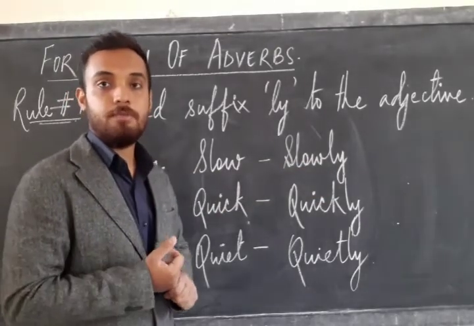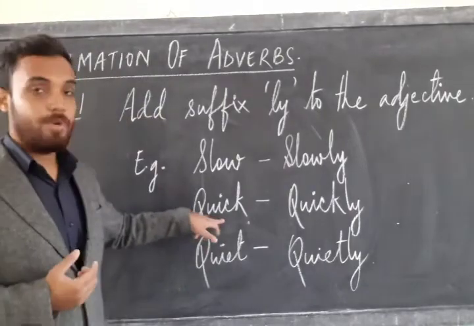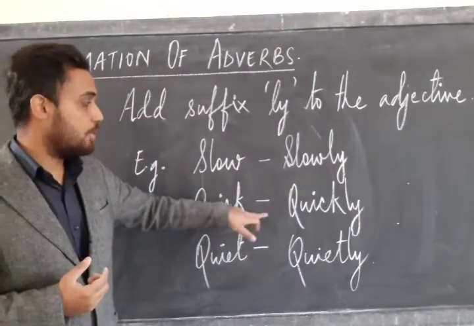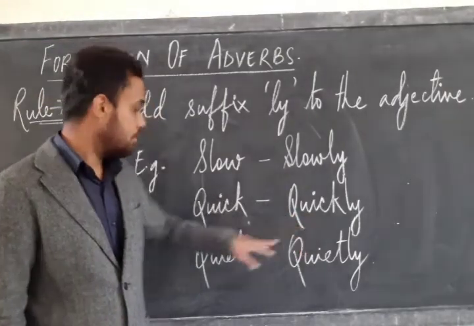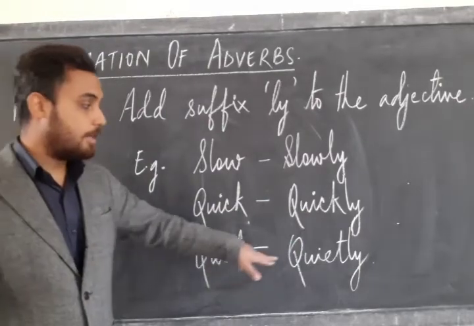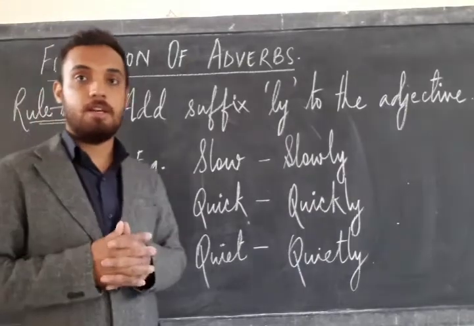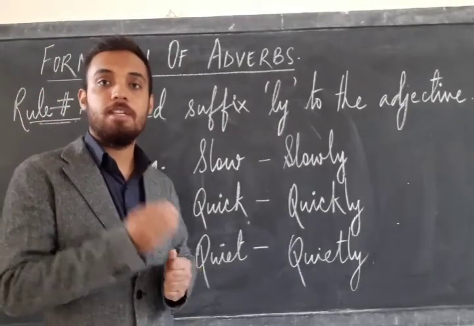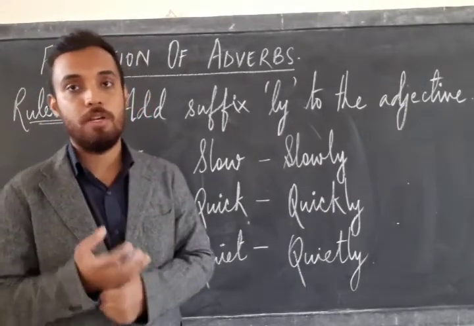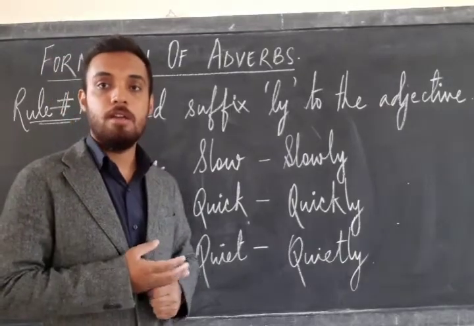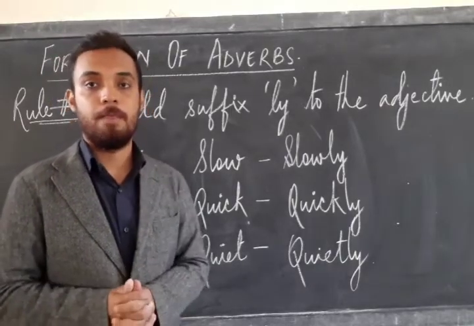Now an adverb is formed. Again, quick. Add ly to it, it becomes quickly. Quiet. Add ly to it, it becomes quietly. So whenever you mention an adjective and you add the suffix ly, it becomes an adverb.